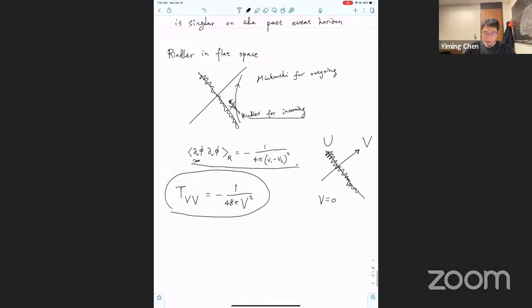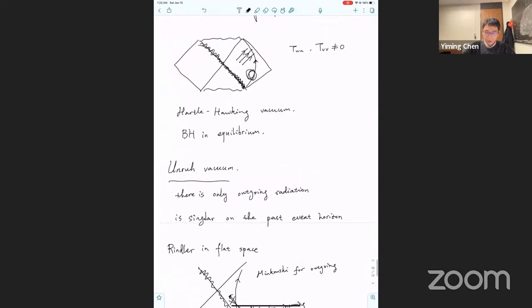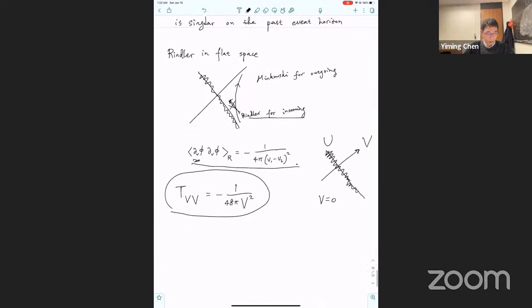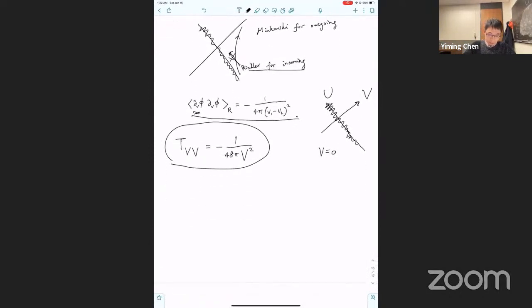So it might seem a problem that for the real-life black hole, there is some singular behavior in the stress tensor for the quantum fields that are propagating on the black hole background. But actually, this doesn't really happen. The reason is that the real-life black hole is always formed by some gravitational collapse, right?